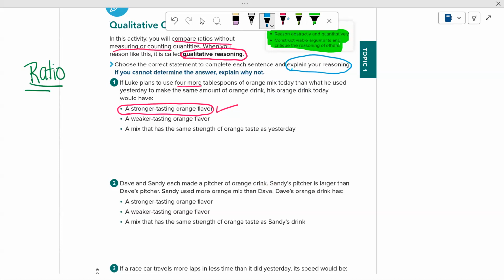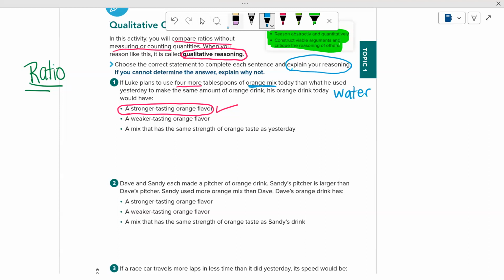What 2 things are we comparing in all of these activity examples? We are comparing orange mix, right, to what? What do you put in your orange mix? Where are you putting it? You're putting it in water, right? You're putting orange mix in water. So we're comparing orange mix to water.